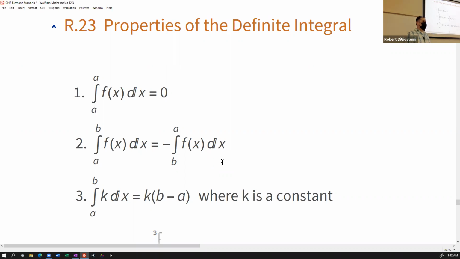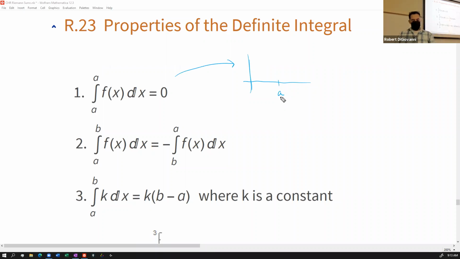Does that make sense to you, why that would be 0? If we're looking at this first property, it means you're starting at a and also ending at a.